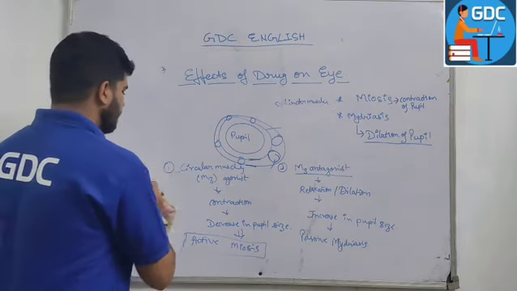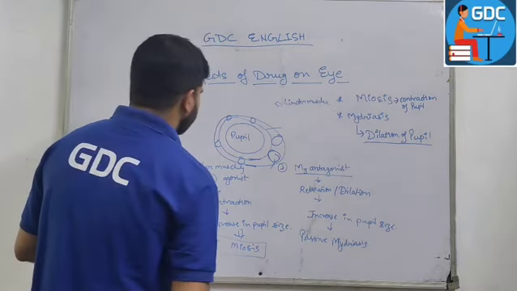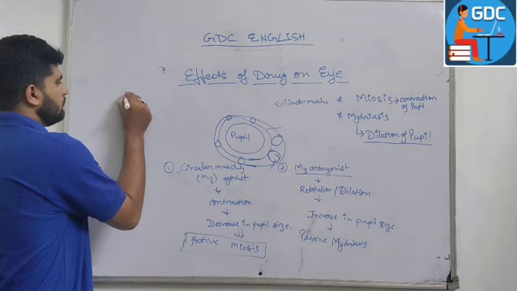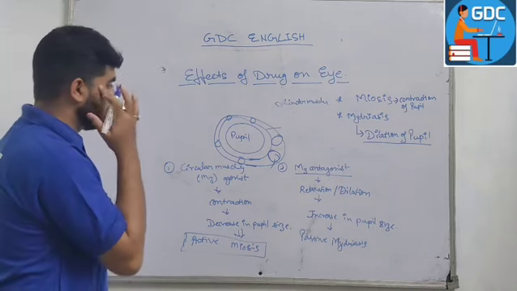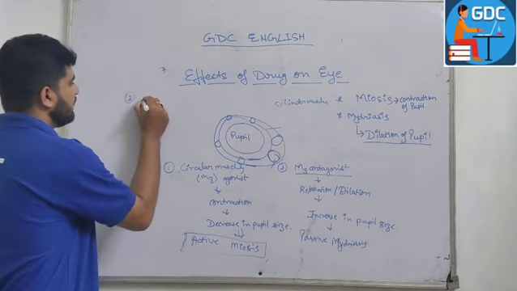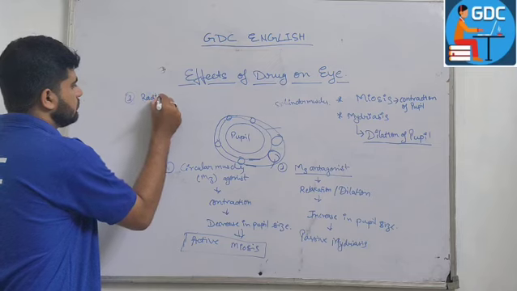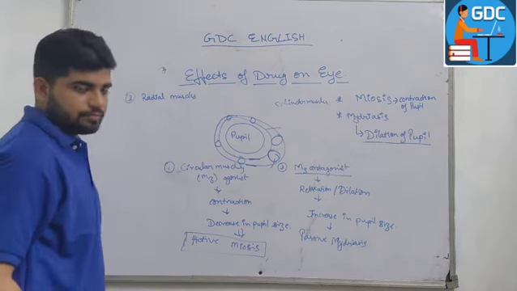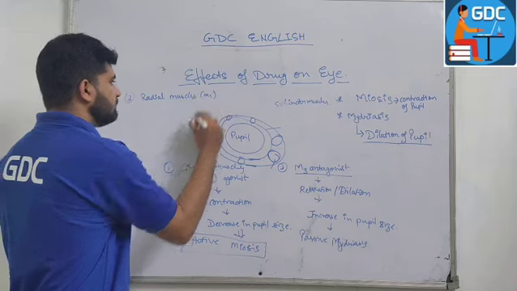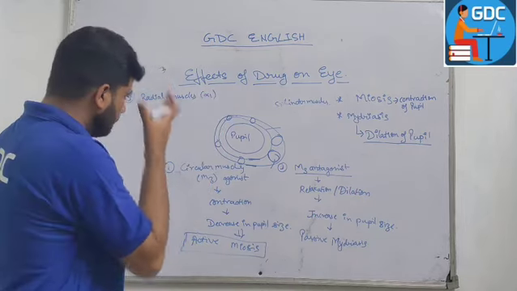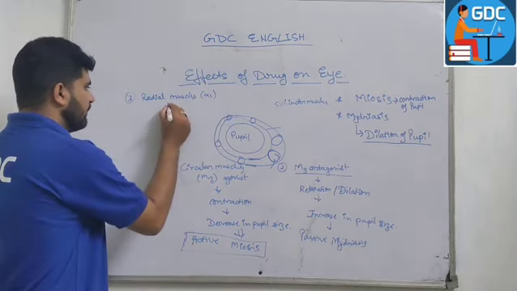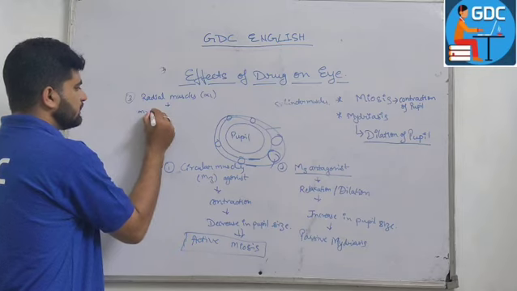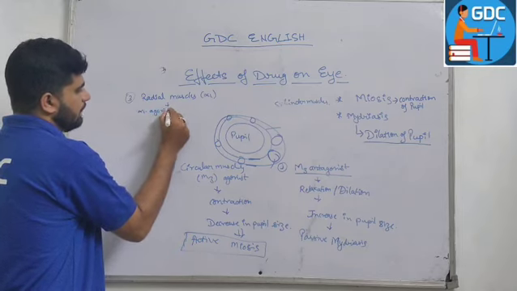Okay, now let's move towards the third case. Now we have radial muscles, which have alpha 1, Gq mediated again. In the same way, when we give the alpha 1 agonist, what will happen?